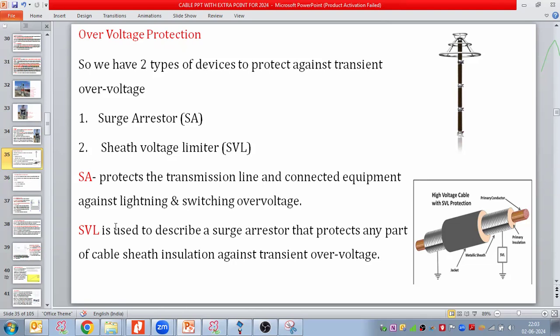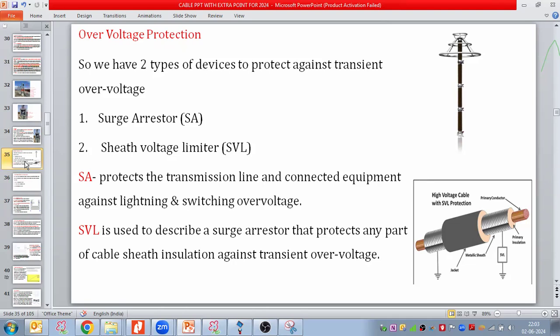Whereas the SVL is used to describe a surge arrestor that protects any part of the cable sheath insulation against transient over voltage. And this SVL is connected between the sheath and the earth, ground earth.